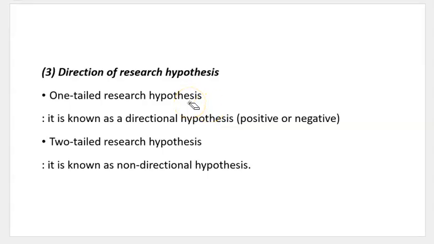So that's why we use the two-tailed a lot, because no matter whether it is female or male, if there is a significant difference, you will accept your alternative hypothesis and reject your null hypothesis. That's why we use two tails a lot.